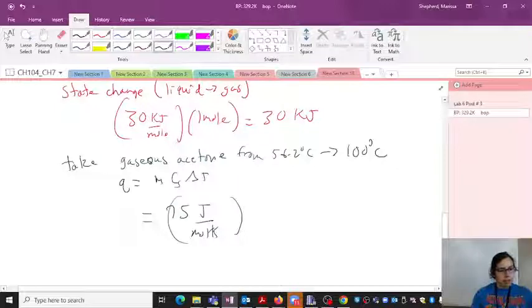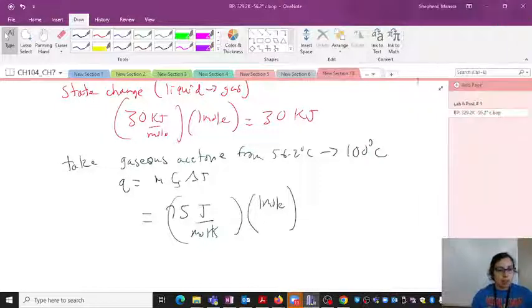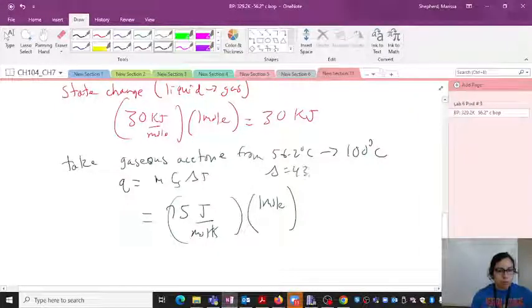Now instead of plugging in mass, we'll just plug in moles. So 1 mole times our delta T, which I want an actual number, so that's 100 minus 56.2. So that gives me my delta T of 43.8.